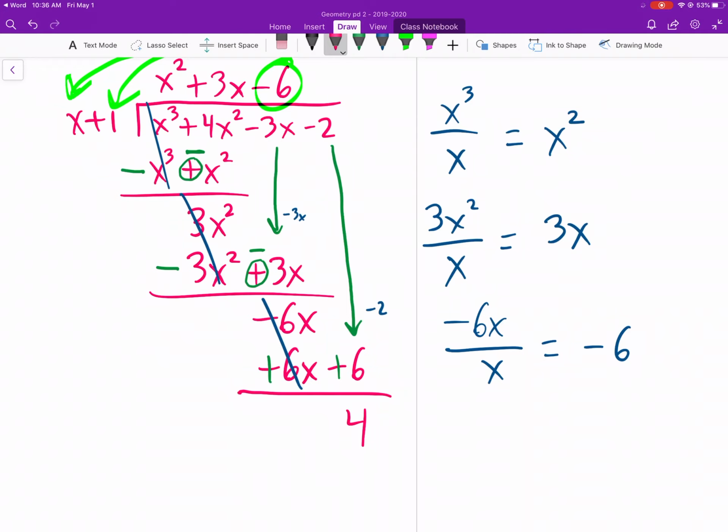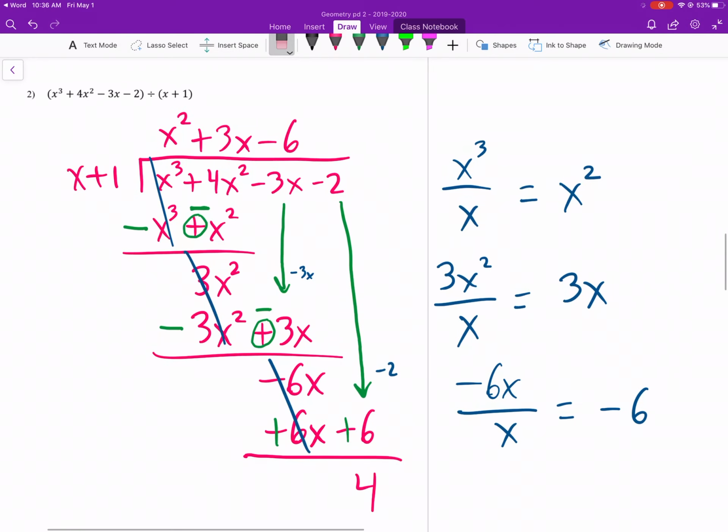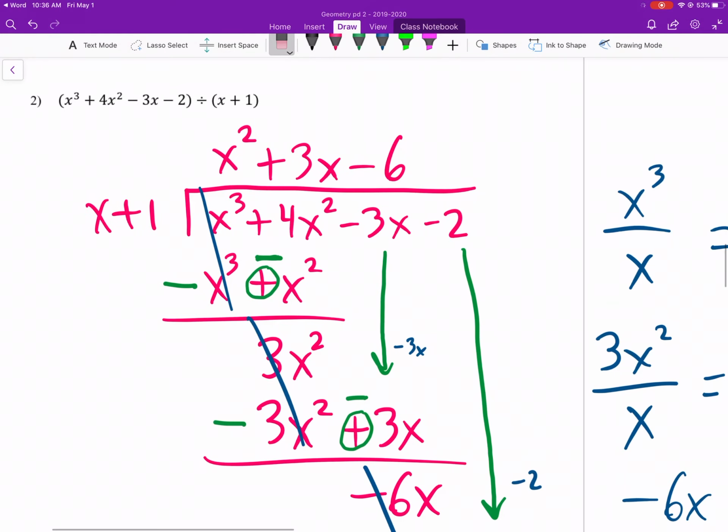That's essentially like a remainder, that 4, and there's just a special way that you have to write it. This is really not the focus of today's lesson. I really want you to master the other steps. This is kind of just a side note of what you would have to do. But the remainder of 4 just gets written on the end. So it'd be plus 4, and you have to put that over the divisor.